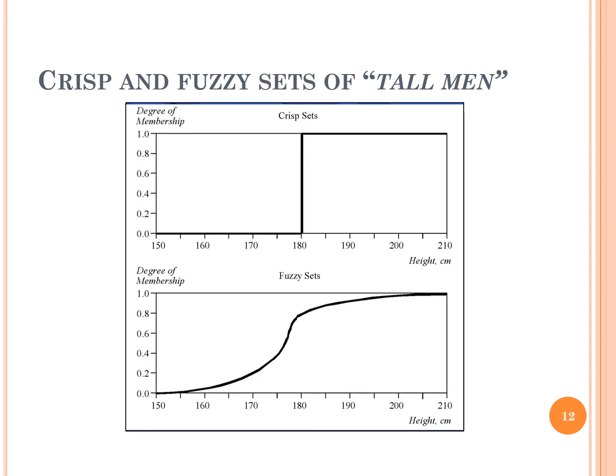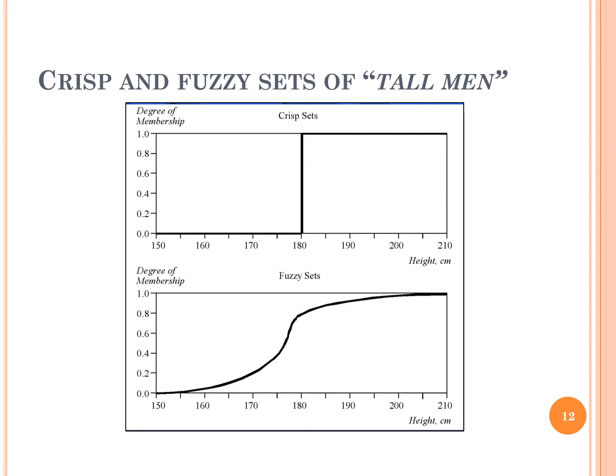If we can look at the diagram, this is a crisp set, and this is a fuzzy set, with degree of membership on the y-axis, and we have height on the x-axis.